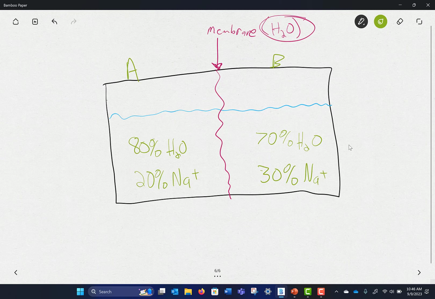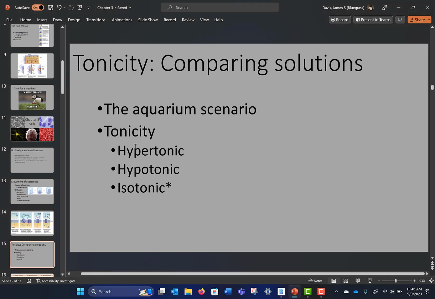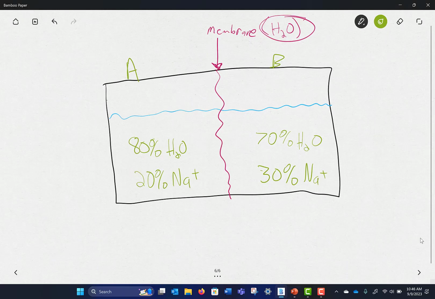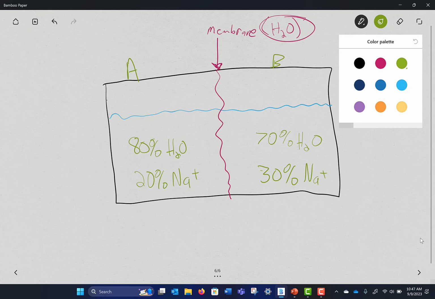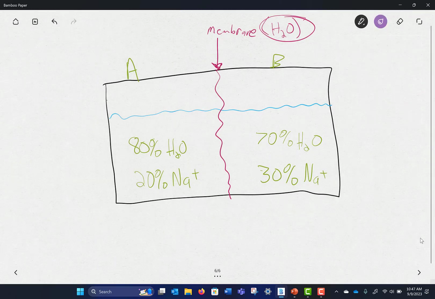So now, looking at our terms that we saw a moment ago on our slide, let's bring it up just for a moment. Tonicity. We're going to use these three terms now: hypertonic, hypotonic, and isotonic. When comparing two solutions to each other, not a solution by itself, when comparing two solutions to each other, we are going to use those terms.